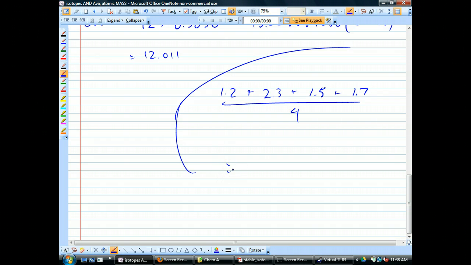So I take 1.2 plus 2.3 plus 1.5 plus 1.7. That gives me 6.7, right? Which would be, well, here, let me make this a little bit more interesting. And then I'm adding some more, sorry, 1.8. I want to make a point here.